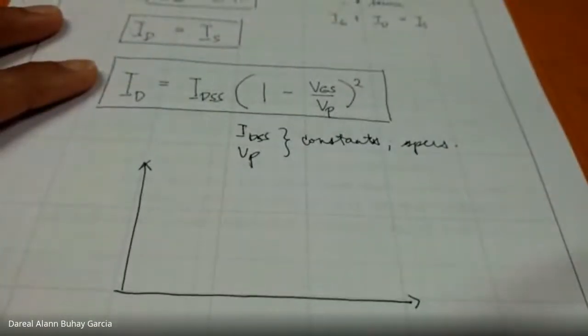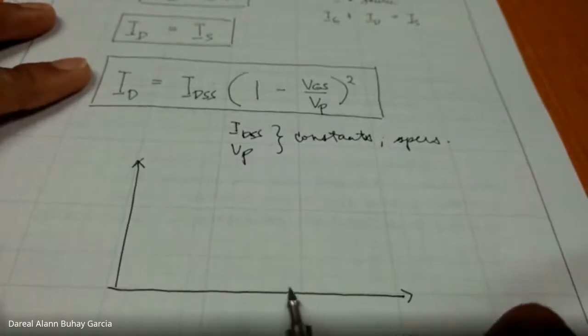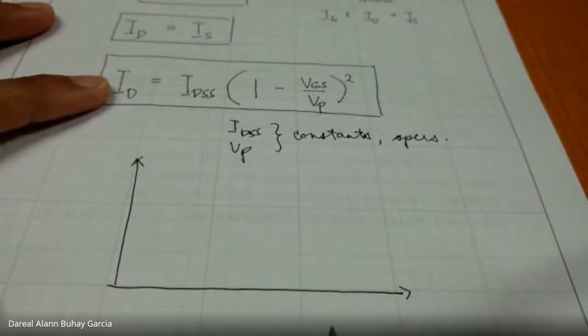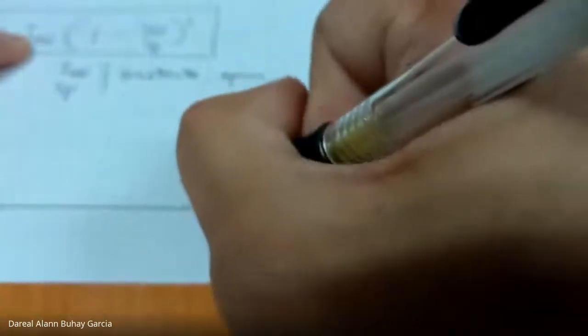So, this graph is the relationship between VDS and ID, which can be described by this curve.